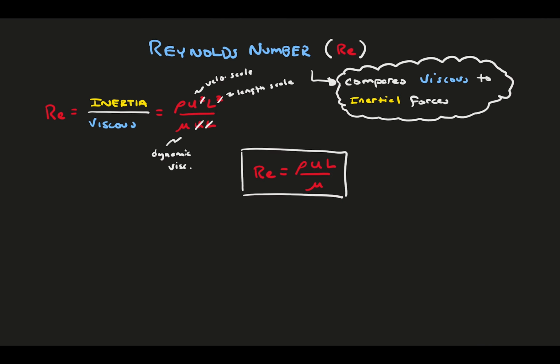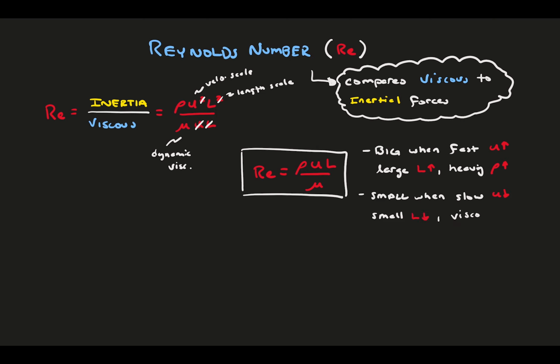These velocities and lengths are references or scales, meaning they depend on your problem. For a robot moving in a fluid, this would be something like the average velocity of your vehicle and the vehicle length. The Reynolds number is large when you're moving fast, you have a large vehicle, or if the fluid is heavy. It is small when you're moving slowly, you have a small vehicle, or the fluid is very viscous.